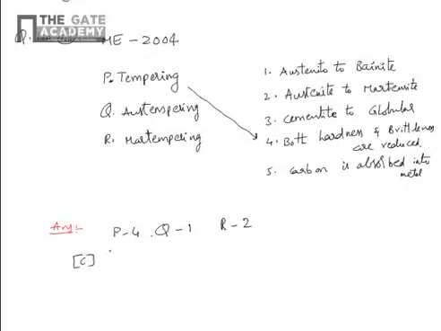So for 2 marks, if you know what austempering and martempering are and what will happen, then you can solve that. These are simple questions which they have asked in GATE. There are other questions in the iron carbon equilibrium diagram, like at the eutectoid point what will happen, and at the peritectoid point what will happen, all these.